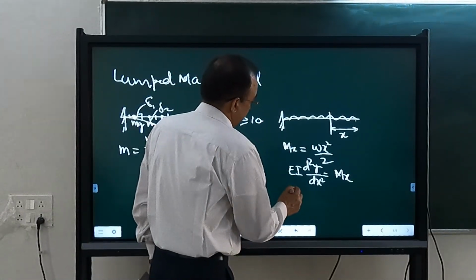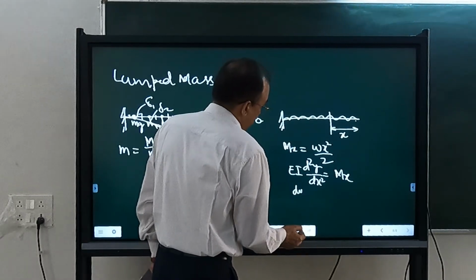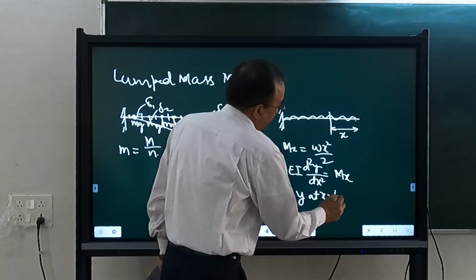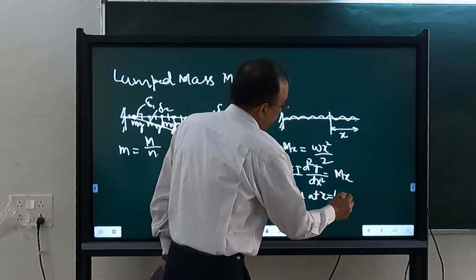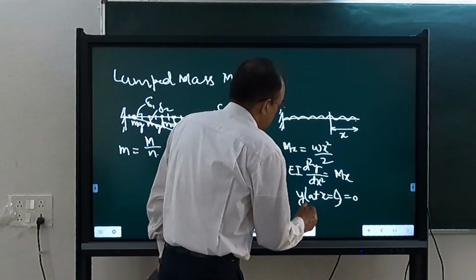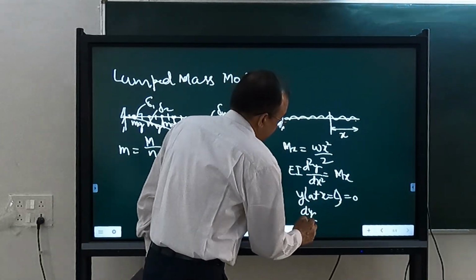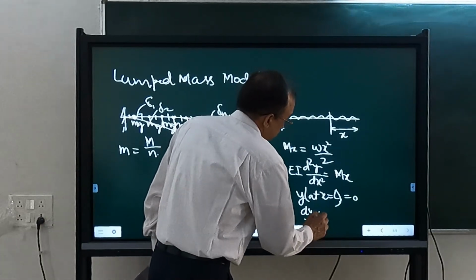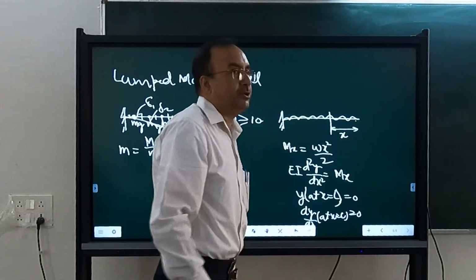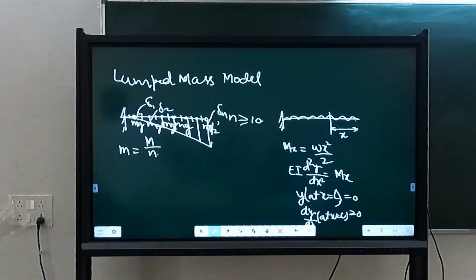Theta and y at x equal to L is equal to 0, and dy/dx at x equal to L. You can solve this, then you can get the deflection at any point. You can calculate at different points. This is one of the methods where you are solving the differential equation.